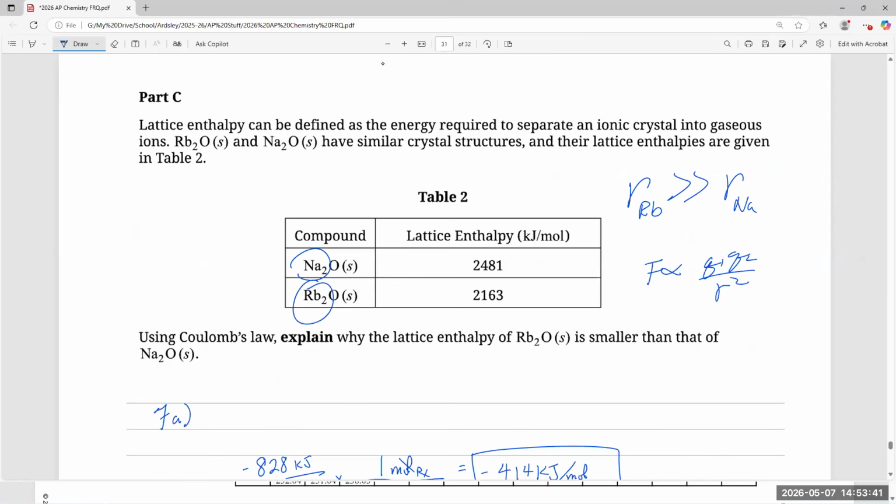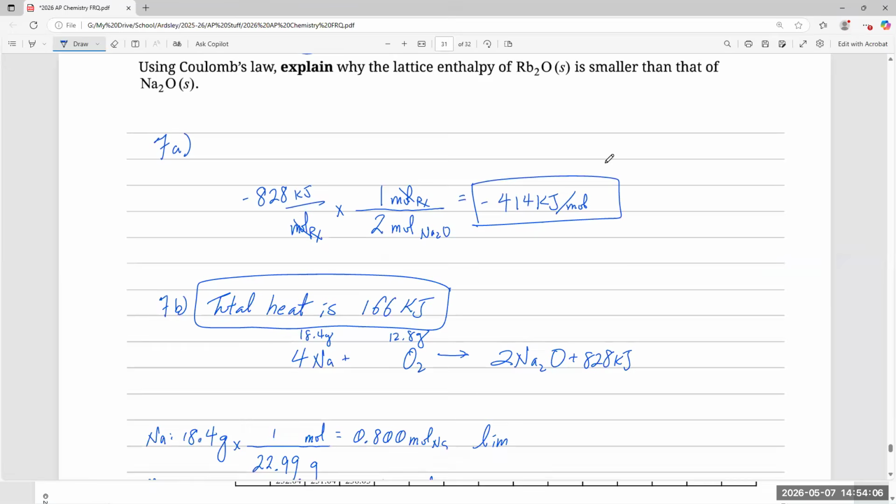Think about that. Rubidium having a larger radius means it's dividing by the square of a larger number, which means that your force is going to be smaller, which means that the force between rubidium and oxygen is going to be much smaller, right? Which is right. We're done. I just explained it. All right, so let's just put it in words, wrap it up, and then finish this up, right?